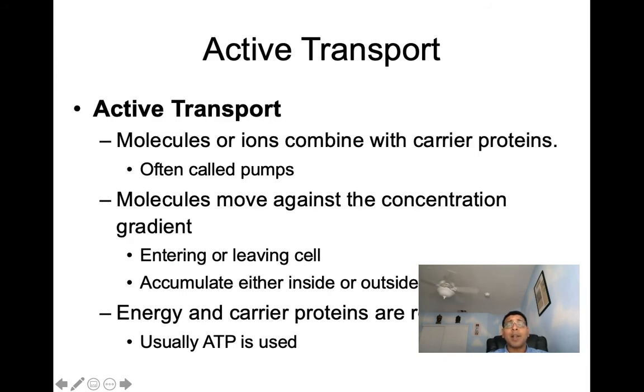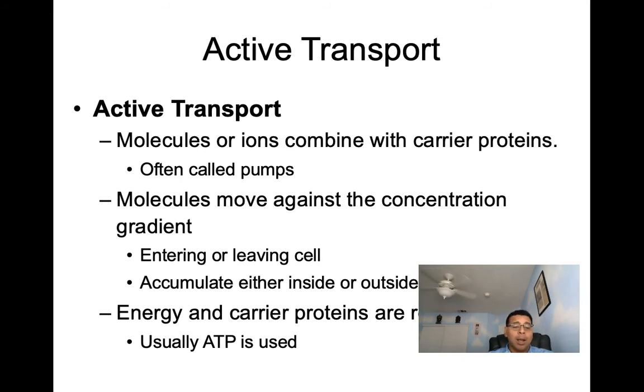Next, we have active transport. When we talk active transport, this is going to require ATP, as we're going to see. So carrier proteins and energy. Carrier proteins and ATP are required to transport molecules against their concentration gradients. Proteins involved in active transport are usually called pumps.